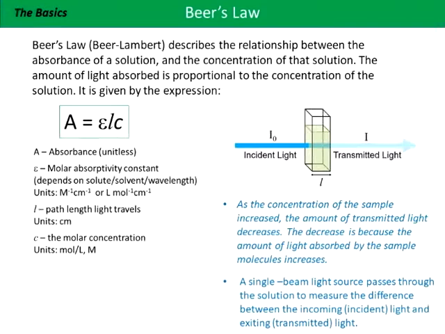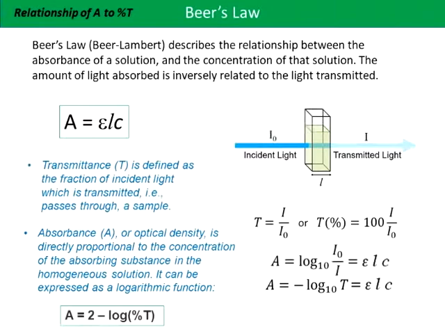A single beam light source passes through the solution, which means that the difference between the incoming incident light and the exiting light is what's actually being measured. So, the transmittance, or transmitted light, is defined as the fraction of incident light which is transmitted.